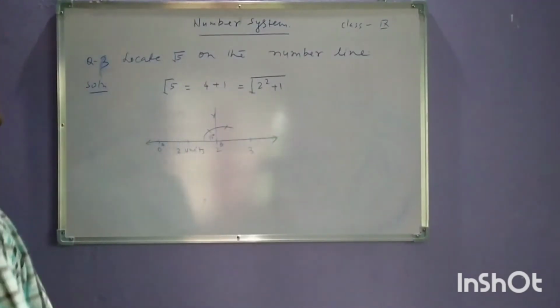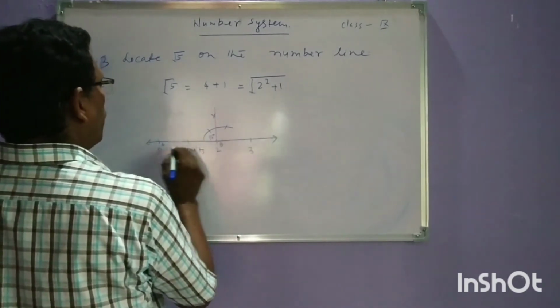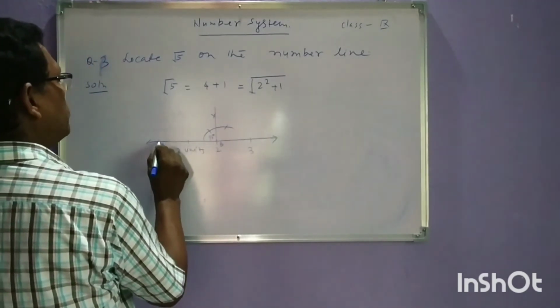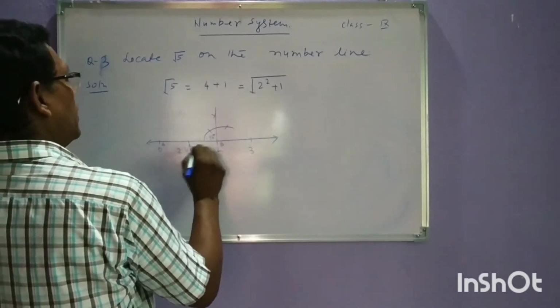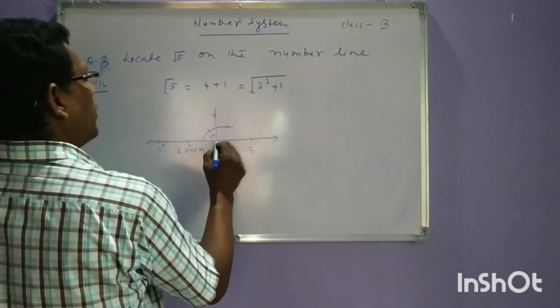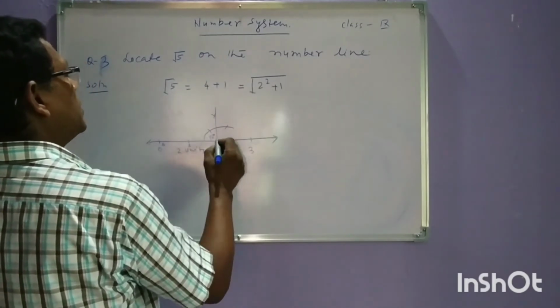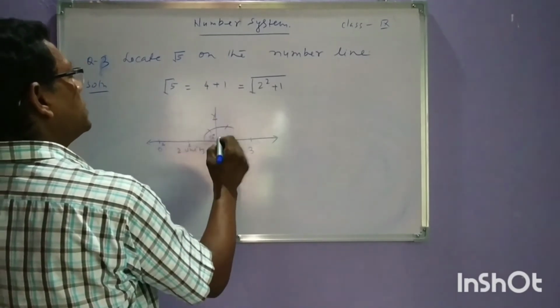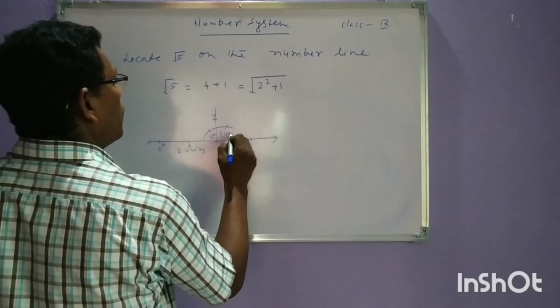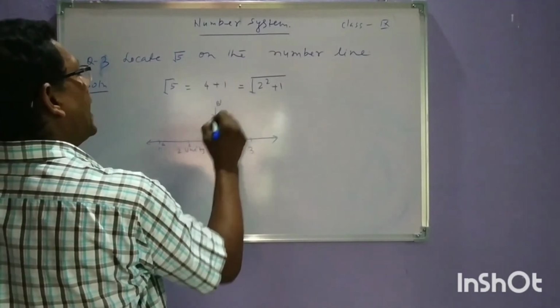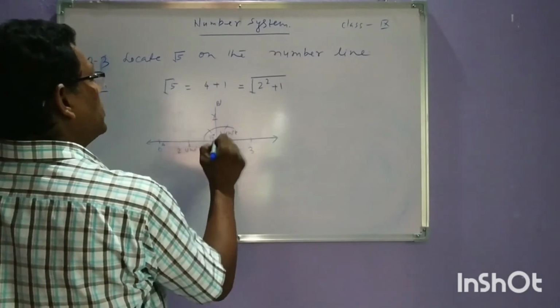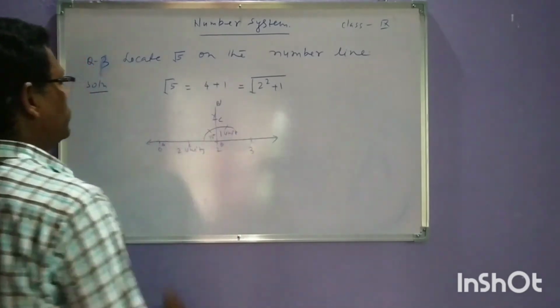Okay. Now we cut 1 unit measuring from A to 1. From point B, we cut 1 unit, that is 1 unit on B dash. Suppose this BC is 1 unit.